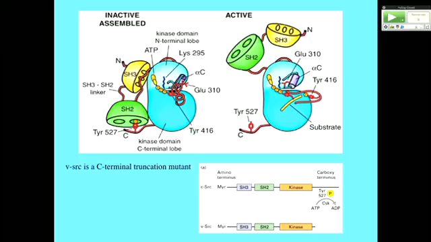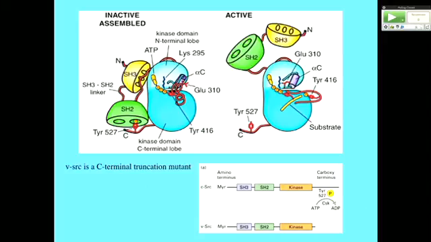If we unfold this protein, the kinase activity will become activated. Okay. So let's look now at the structure of the viral Src protein to try to understand what is different from the cellular Src protein that causes it to be extremely active as a protein kinase.